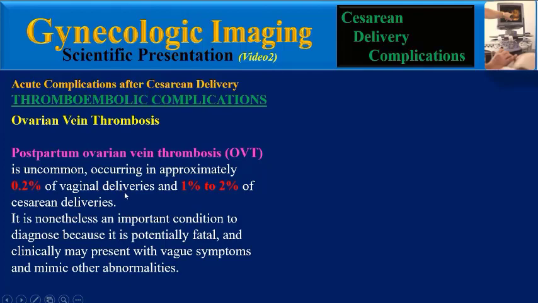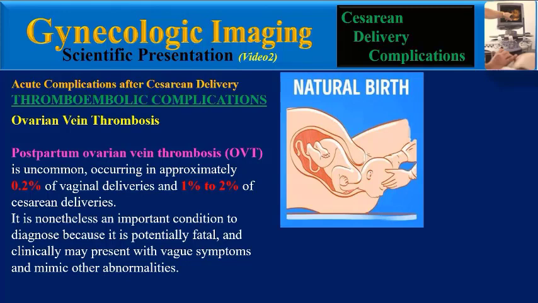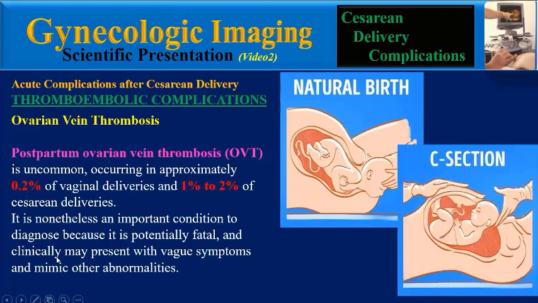Postpartum ovarian vein thrombosis is uncommon, occurring in approximately 0.2% of vaginal deliveries and 1 to 2% of cesarean deliveries. It is nonetheless an important condition to diagnose because it is potentially fatal and clinically may present with vague symptoms and mimic other abnormalities.